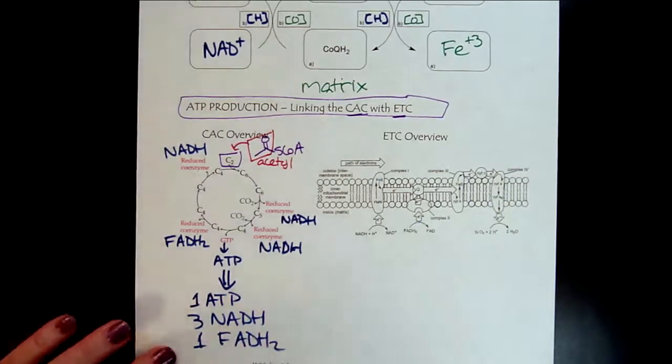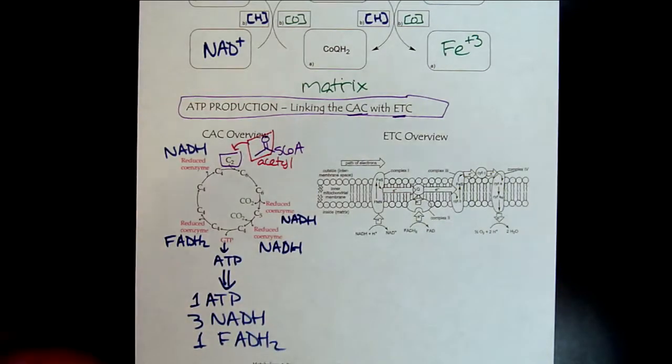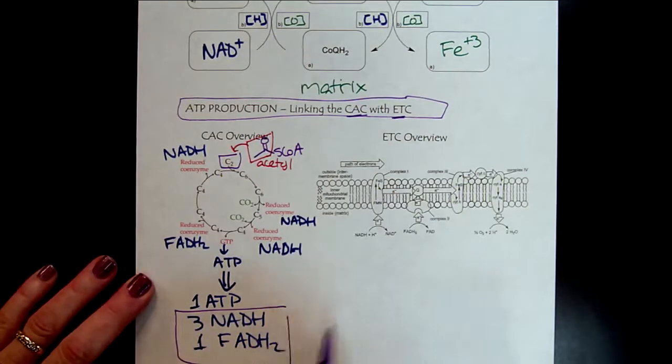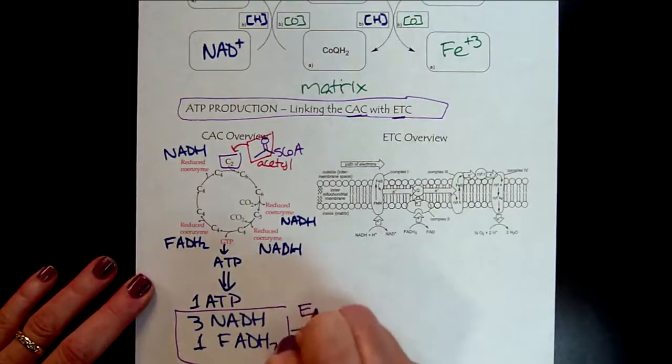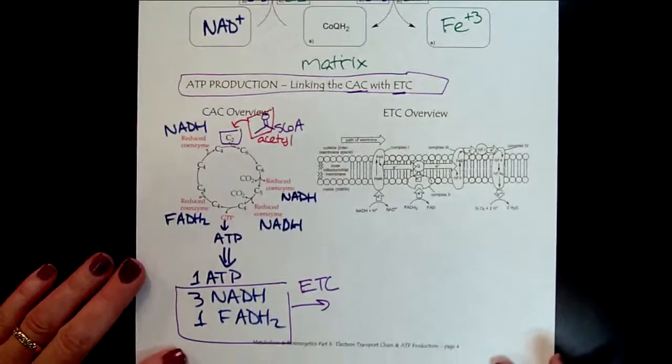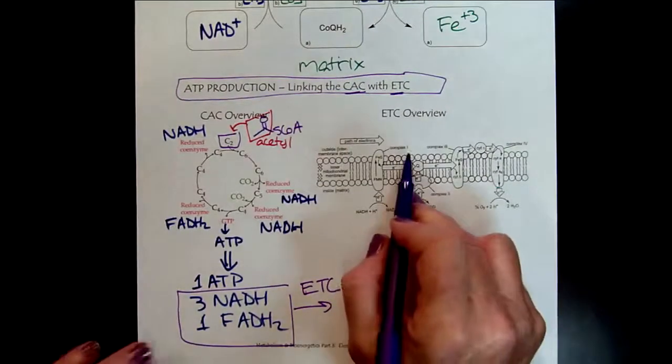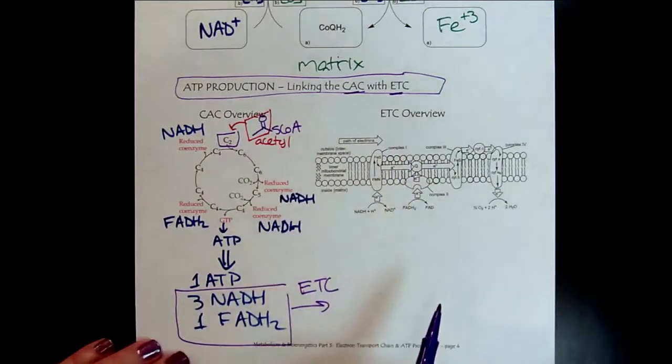All right? Now, these reduced coenzymes are going to go into the electron transport chain. All right, so here we have a schematic of the electron transport chain.